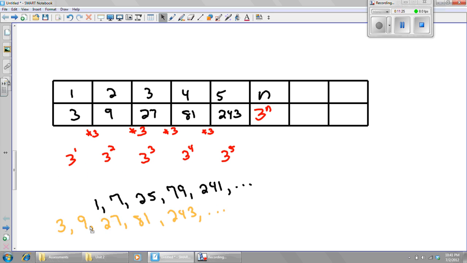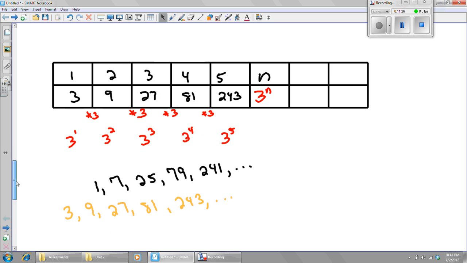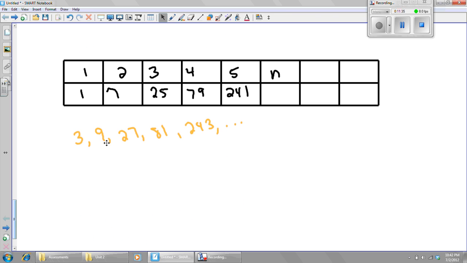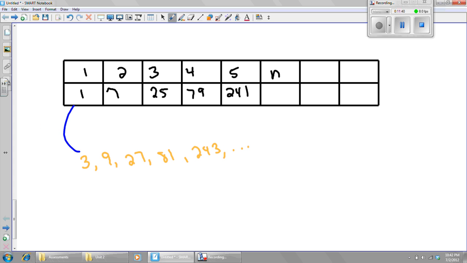If you look in the table here and compare these orange ones to the black ones in the table, 3 turns into 1. Well, it's minus 2. 9 into 7, minus 2. 27 to 25, minus 2 again. They're all take away 2.